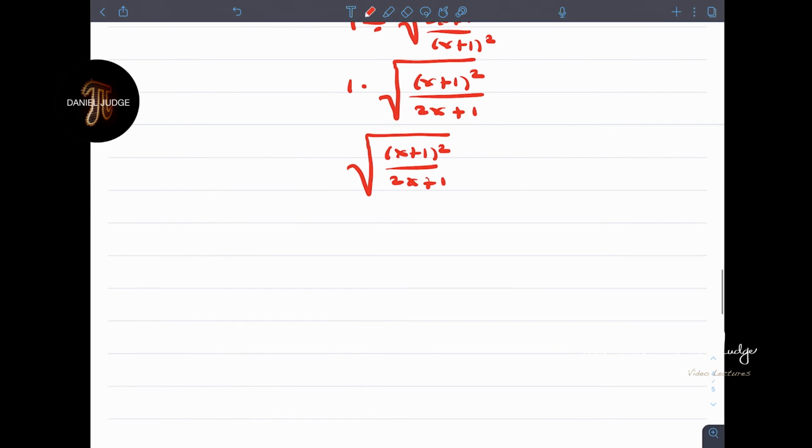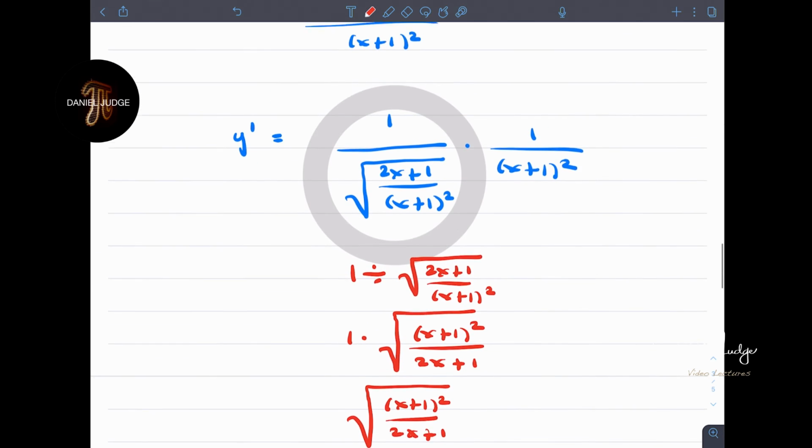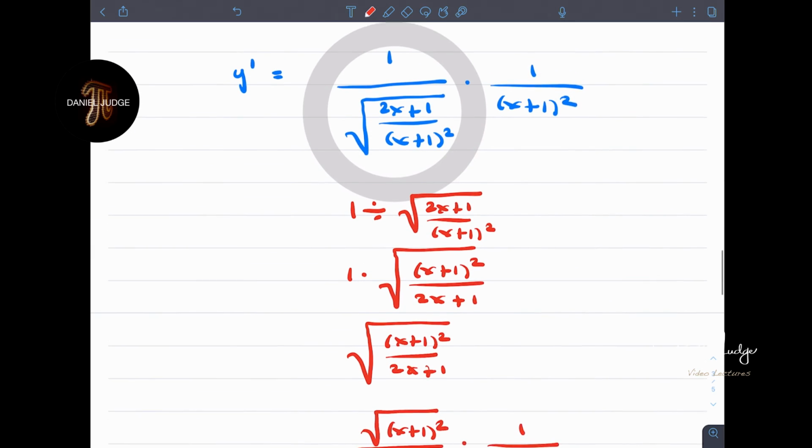Now that numerator, if I said to you, this is x plus 1 squared over the square root of 2x plus 1. And then this is times, don't forget, you're going to have that.